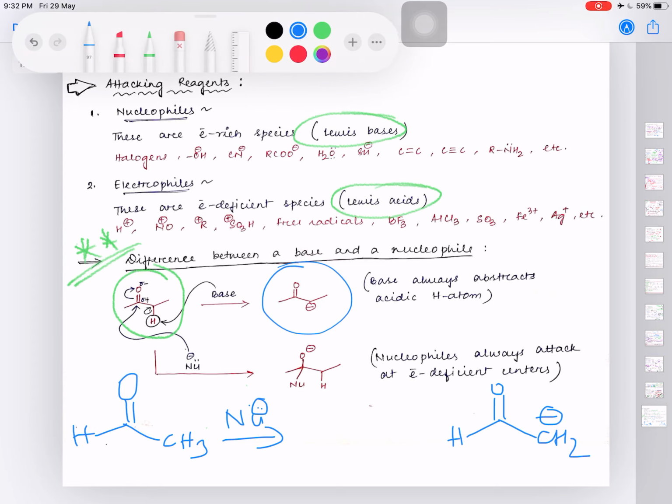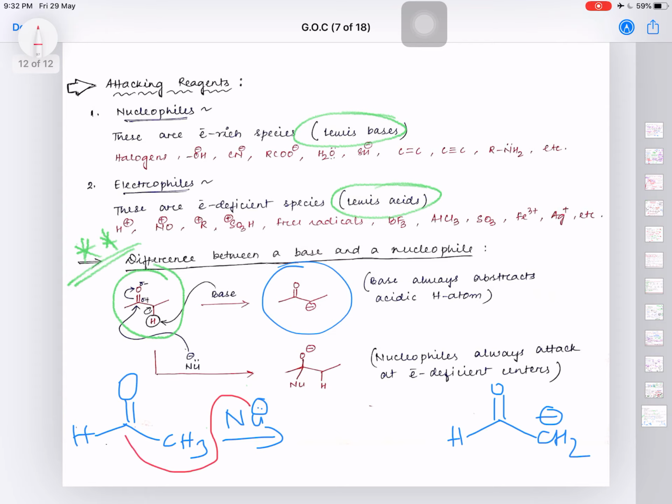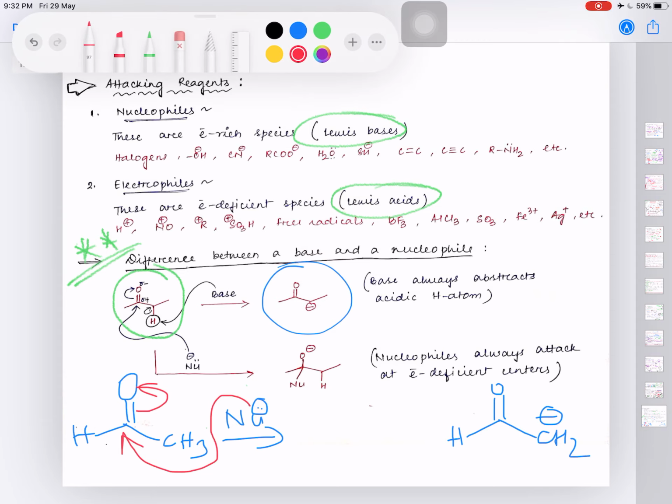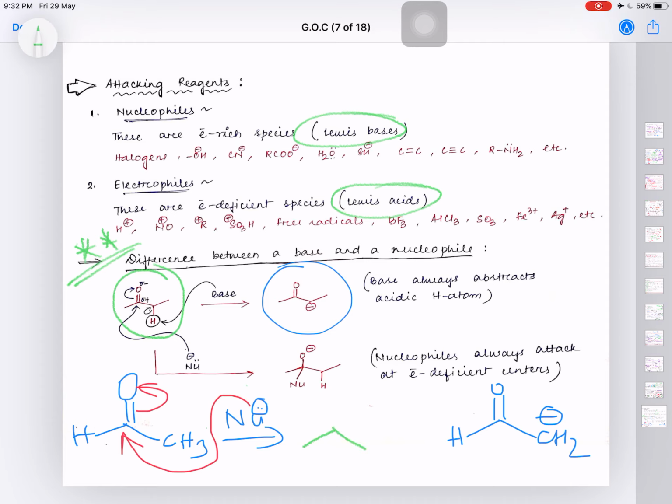What will happen is it will attack this electron deficient carbon, the carbonyl carbon, and this oxygen will open up. Your product will be like this: the nucleophile adds here, you will have CH3 and a single bonded oxygen with a minus charge. So this is the difference between a nucleophile and a base.